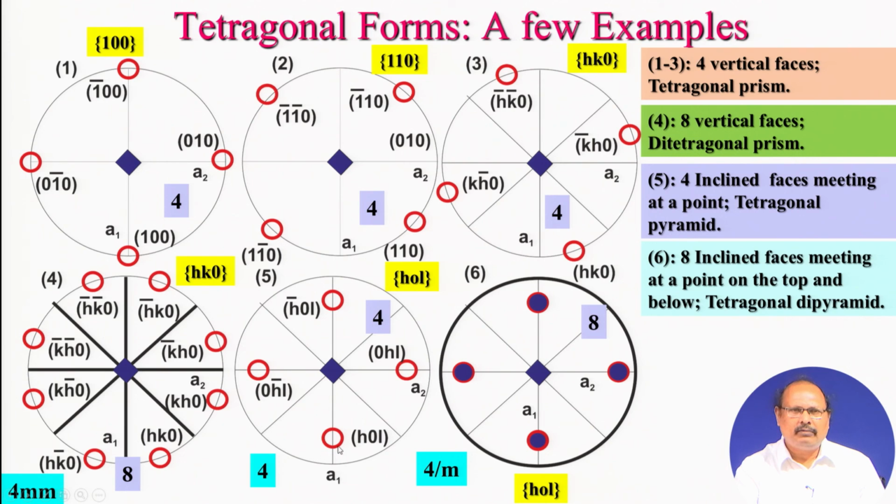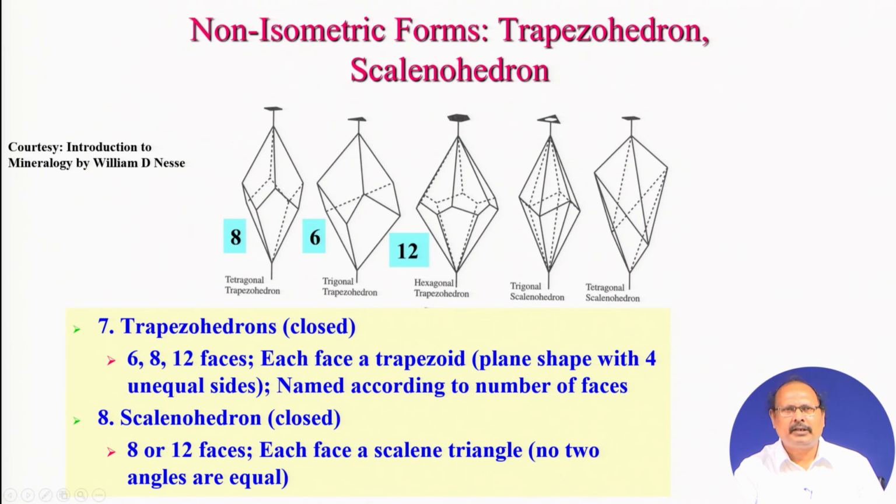And if you have a simple 4-fold axis symmetry and an inclined face H0L, what will you produce? You will produce a simple pyramid. But if you have 4 over m, as I was telling you, this is a horizontal plane, and that will produce a total of 8 faces, then we have a tetragonal dipyramid. So, this is essentially what we call it here.